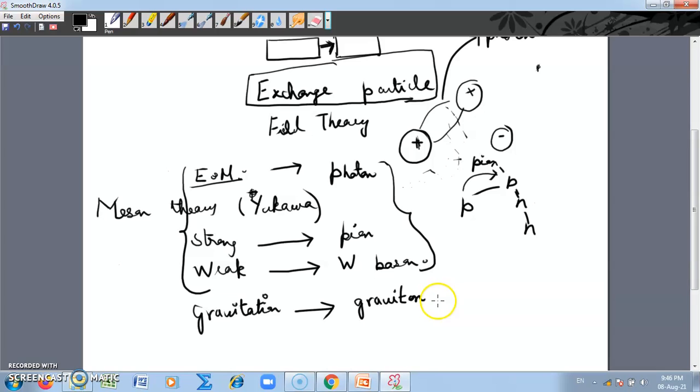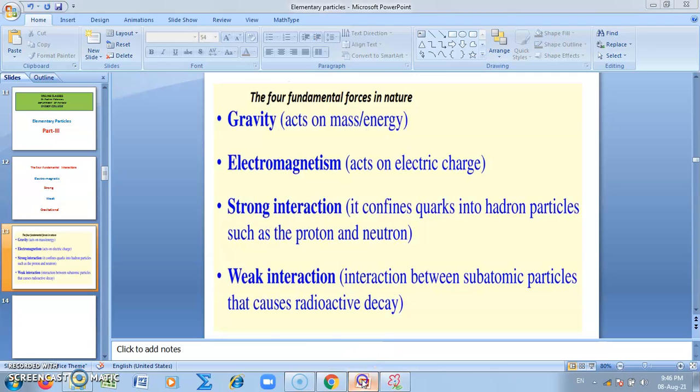Now perhaps we will understand what we mean by these particles. Now we go back to our original discussion about the elementary particles and these forces.